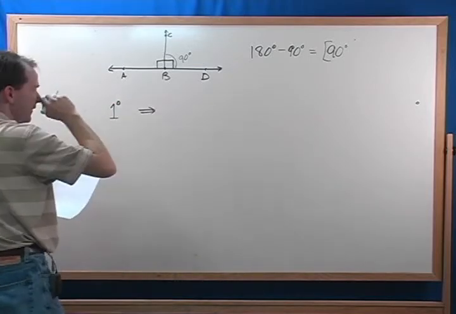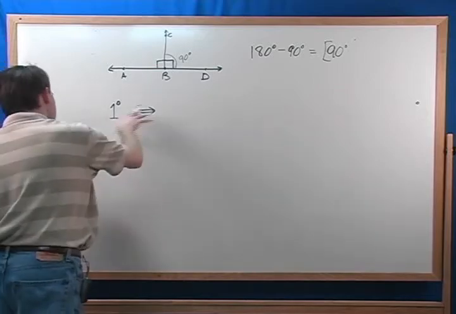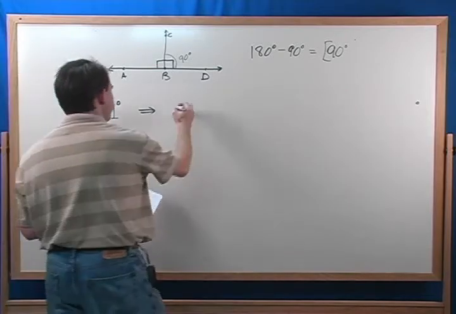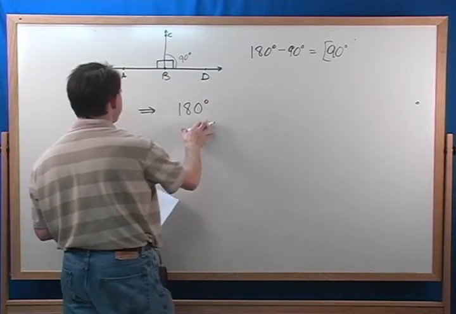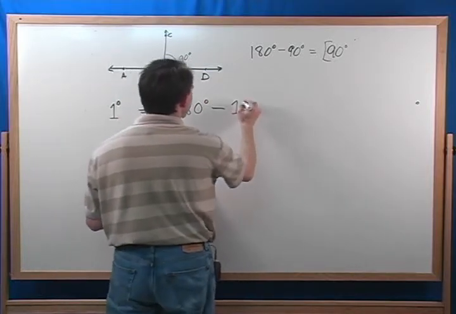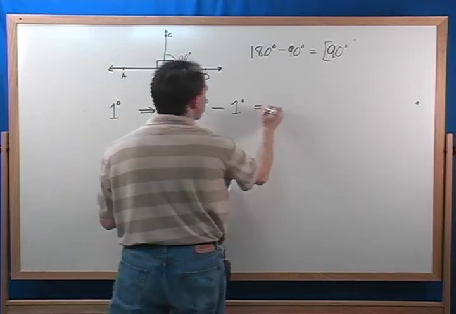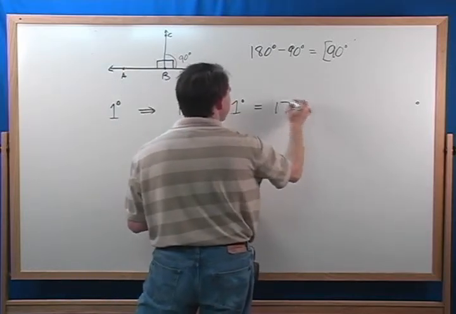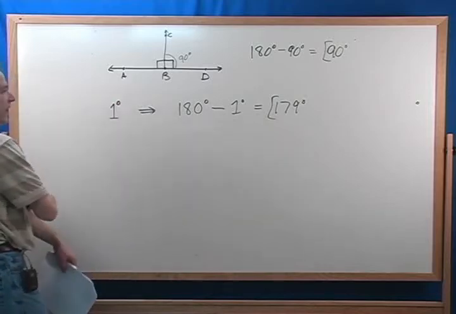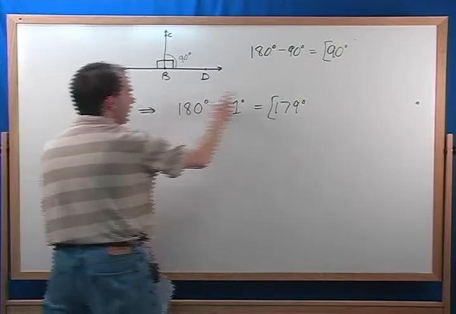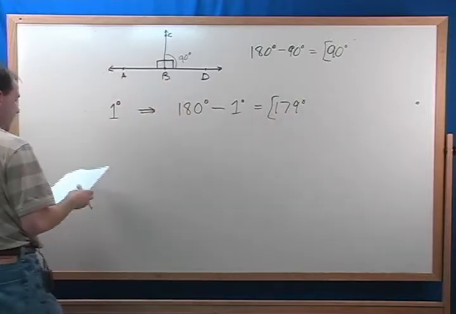What is the supplement of 1 degree angle? And the way you find the answer is, well, you have to add up to 180 degrees to be supplementary. So you just take 180 minus 1, and you'll get 179 degrees. And that's the answer, because if you add 179 to 1, you get 180. So the angle 1 degree and the angle 179 are supplementary to one another.